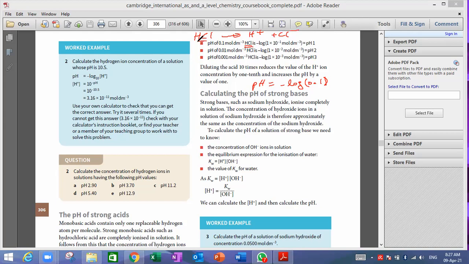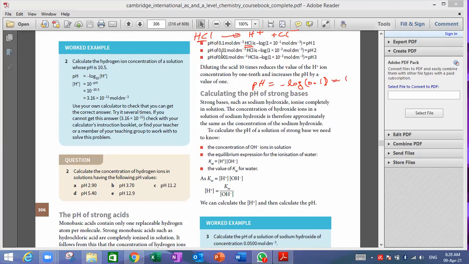This means that the concentration of HCl is exactly similar to the concentration of the hydrogen ions and the chloride ions. But we are calculating for the hydrogen ions, not the chloride. So pH equals minus log the hydrogen ion concentration, which is equal to the concentration of the hydrochloric acid, 0.1. And so we get a pH equal to 1.